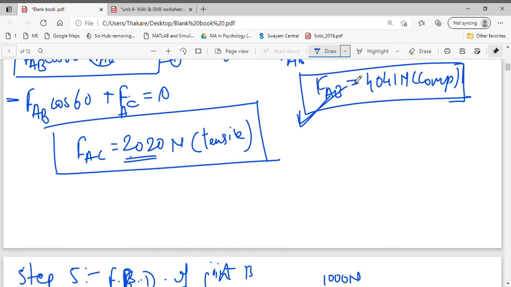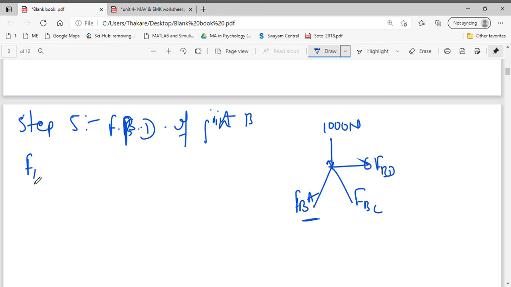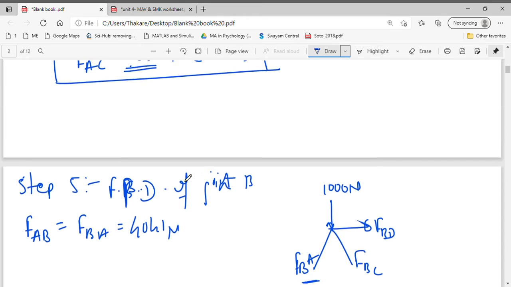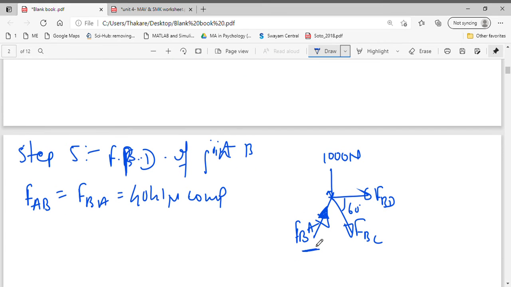So FAB is 4041 newtons, FBA is 4041 newtons of compressive force. So it will be acting like this, right? And FBC is unknown, so we will consider it to be tensile. This is 60 degree and this is also 60 degree.